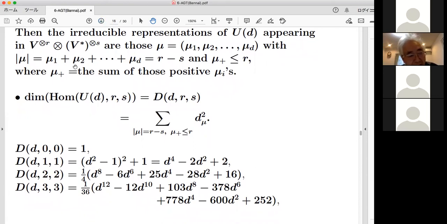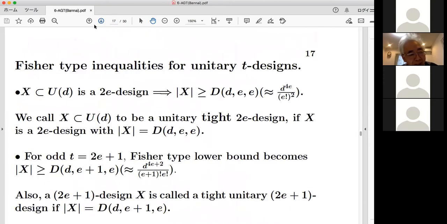And these numbers give the lower bound for Fisher type inequalities. Namely, the Fisher type lower inequality for unitary t-designs is: if X is a unitary 2e-design, then its size must be bounded below by this number. This is approximately d to the power of 4e divided by this constant, which is (e factorial) squared.